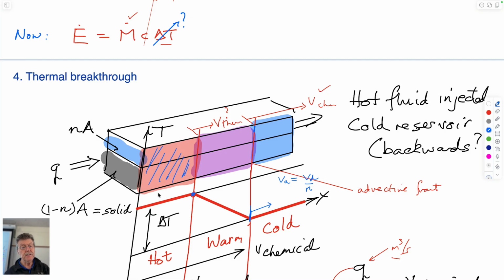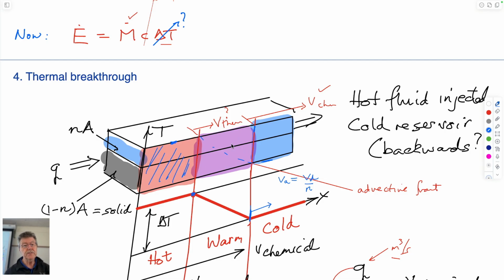It's taken all the thermal energy from here, and that would be present in the fluid, which now extends to this point here, but it's kind of smeared in this zone here because this is a place where the reservoir temperature would be brought up to the injection temperature. Here the reservoir temperature would still be 0, and in between here, part of the energy of the flowing fluid would be mixed between the reservoir and the fluid itself.